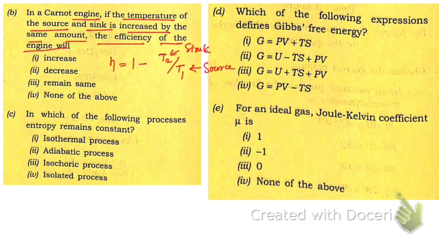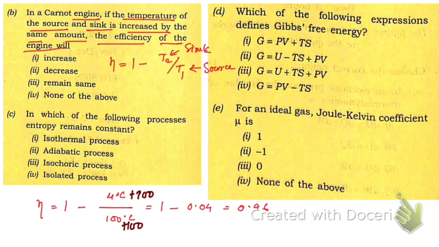Now let me give you an example. Suppose the temperature of the sink is 4 degrees Celsius and the source is 100 degrees Celsius. Then what will be the efficiency? 1 minus 0.04, that's going to be 0.96. That's the efficiency. Now add 100 here and here also. We have increased the temperature of sink and source by an equal amount.